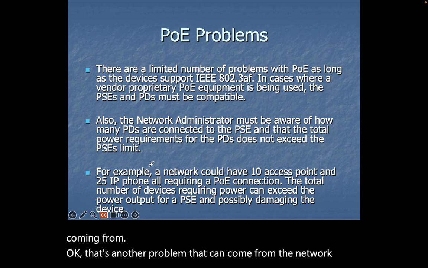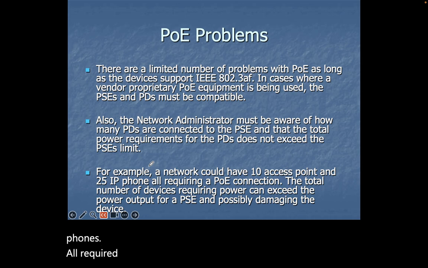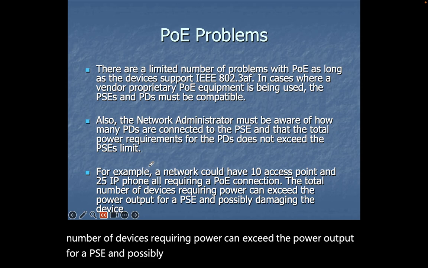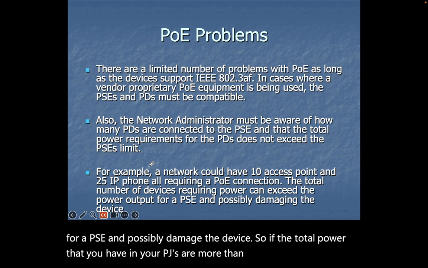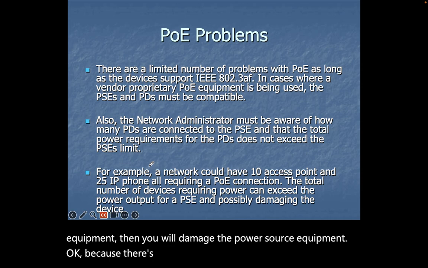For example, a network could have 10 access points and 25 IP phones, all requiring power over Ethernet. The total power required can exceed the power output of a PSE, possibly damaging the device. So if the total power of your PDs is more than the power source equipment can supply, you will damage the power source equipment, because there's a mismatch already.